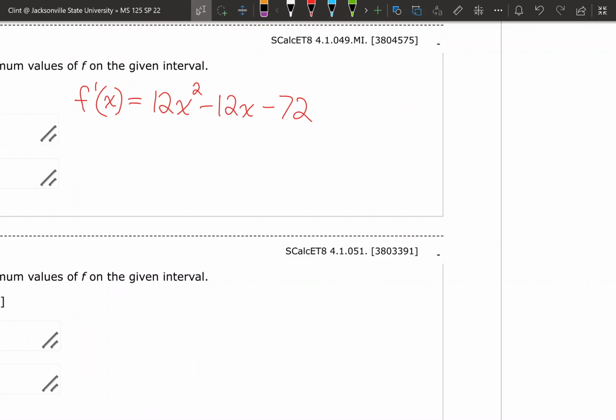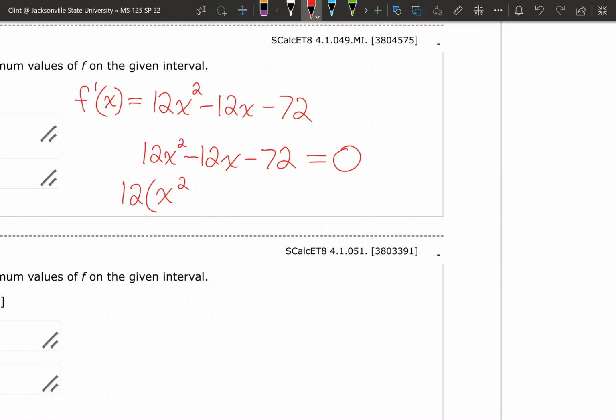This one's not super simple to solve for 0, but luckily we do have a common factor. Set that equal to 0. We can help ourselves by taking out a common factor of 12.